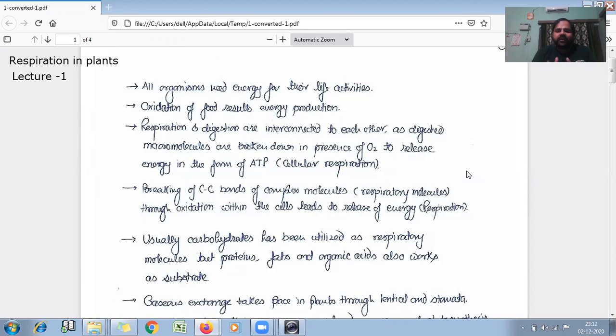And two main physiological processes are involved to produce energy. One is digestion and another is respiration.